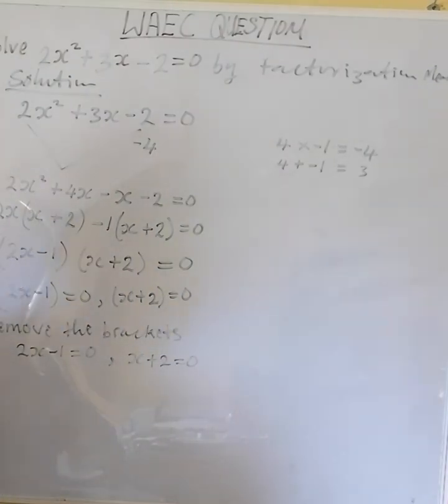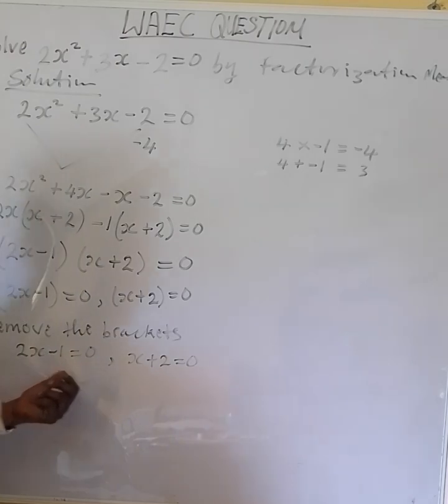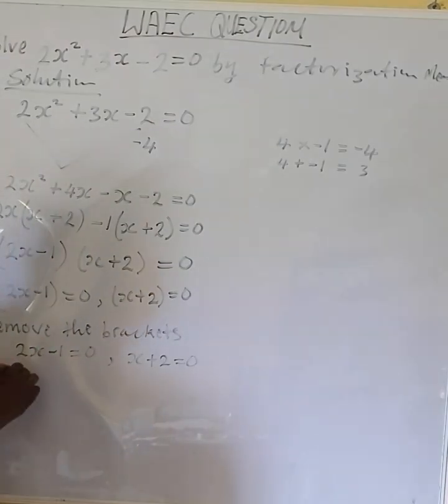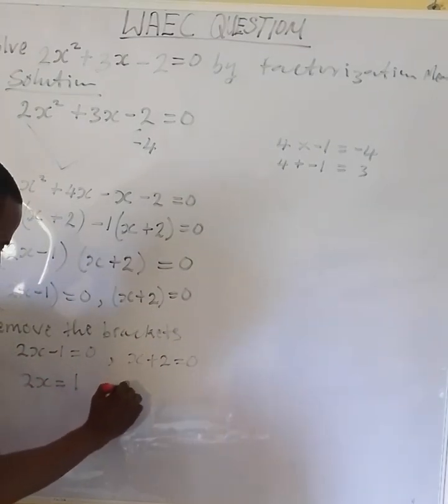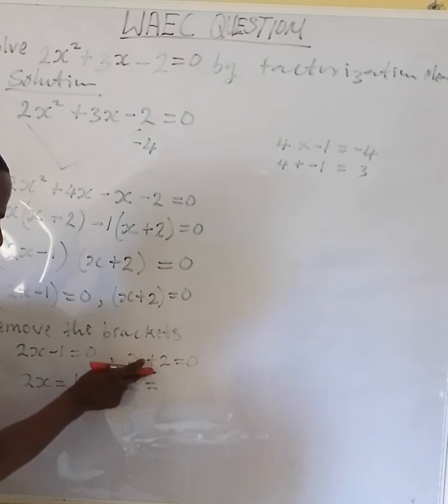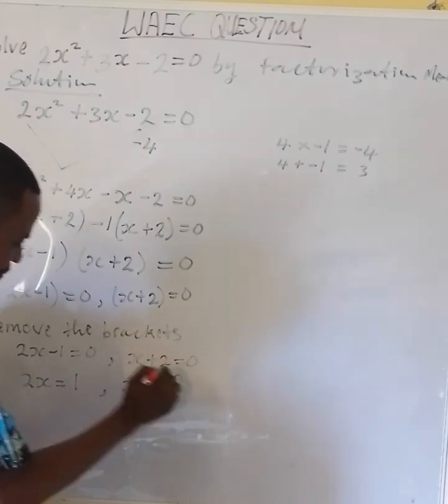Having done that, we take 1 to the other side. So we now have 2x equals 1. It's minus 1, so when you bring it to the other side, it turns to plus 1. Comma, x equals, this one is plus, it will turn to minus.